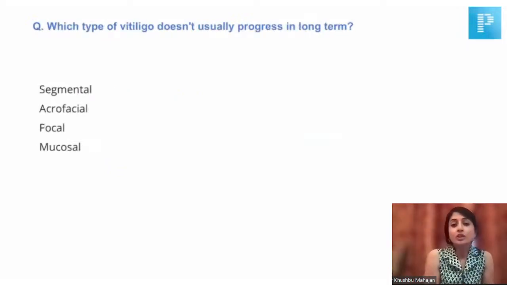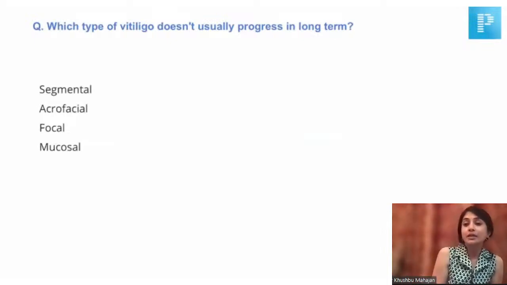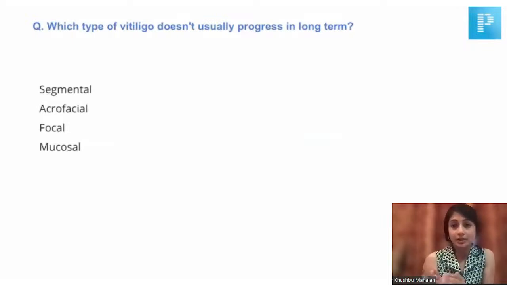The next question which I have is, which type of vitiligo doesn't usually progress in long term? We have discussed that there are various forms of vitiligo. There is focal vitiligo, there is generalized vitiligo, and there is segmental broadly and non-segmental vitiligo. Segmental vitiligo is one which is usually present since birth.